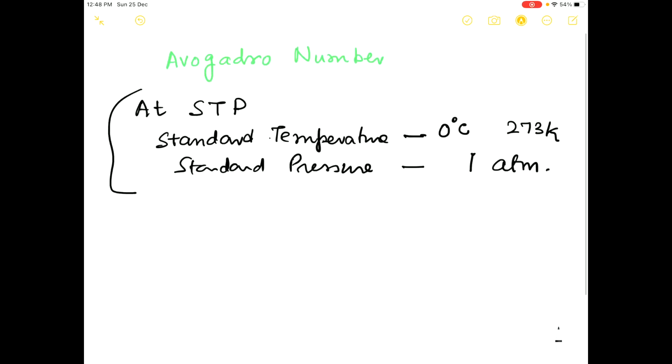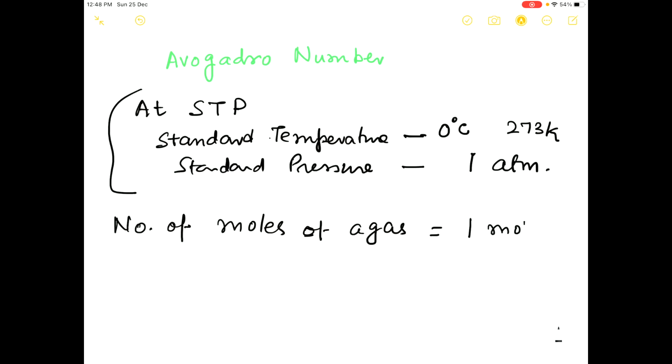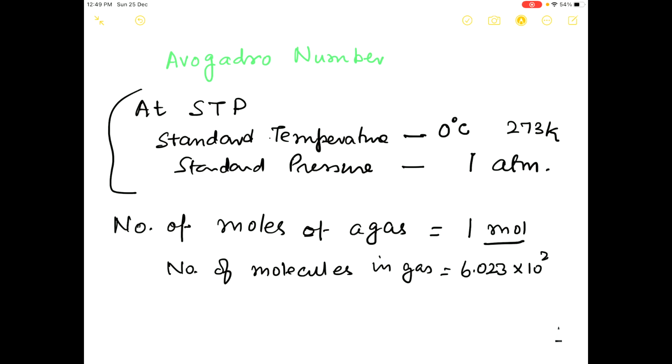If at STP the number of moles of a gas is 1 mole, then number of molecules in gas will be 6.023 into 10 raised to the power 23.